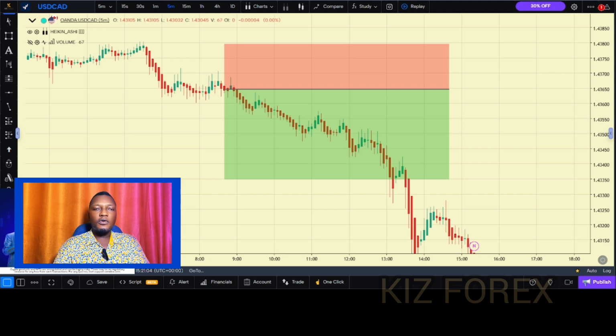And of course, it gives you a clear visual clue of a reversal happening in the market. By understanding this Heikin-Ashi price action trading, you will be able to improve your ability to identify the trend and make informed decisions in the market.